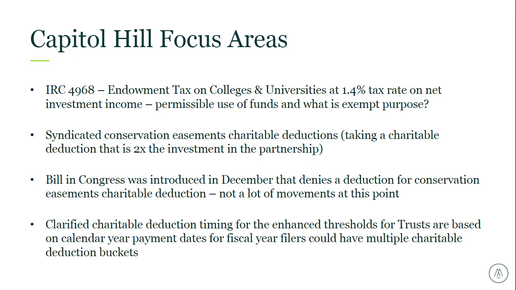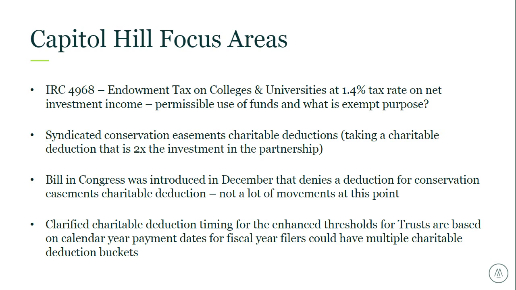They've also clarified that charitable deduction timing for the enhanced thresholds for trusts are based on calendar year payments for fiscal year filers, which means a lot of what has happened with the CARES Act and other acts as part of COVID is they've increased the thresholds for individuals and for trusts with regards to how much they can deduct on a taxable income type threshold.